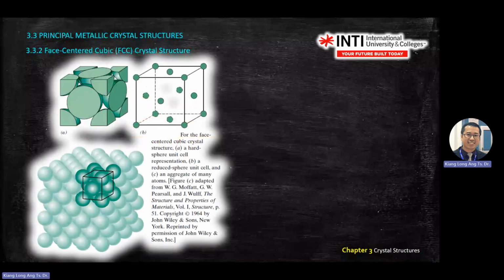Okay, so today we look into another member of the cubic system. We call it FCC. We will do the same approach. If you understand BCC, we'll apply the same approach. FCC basically has one sphere at each of the plane faces.